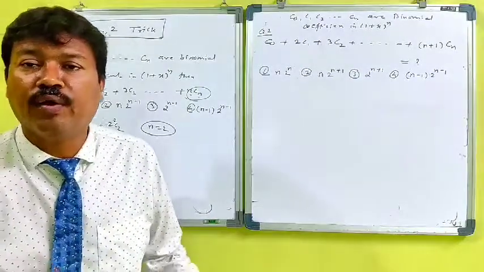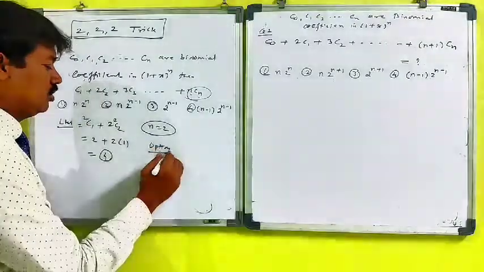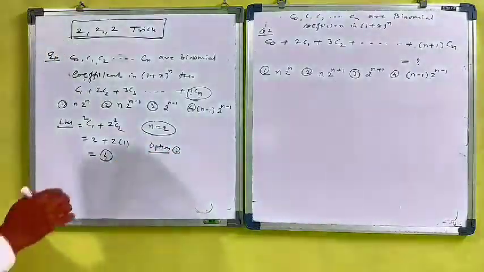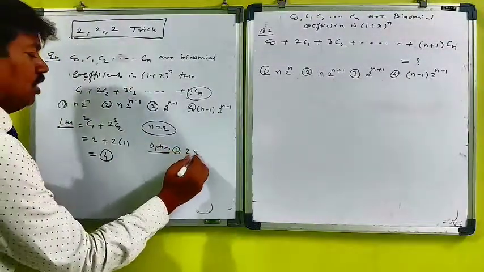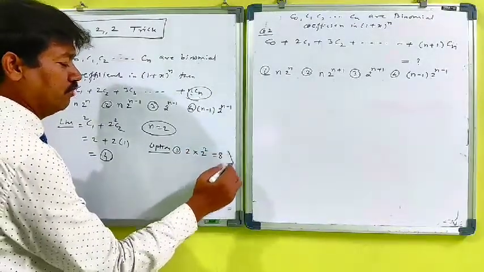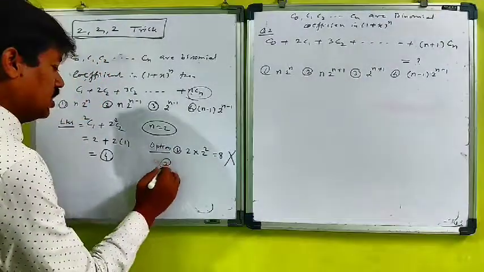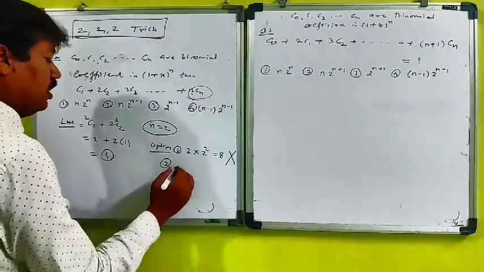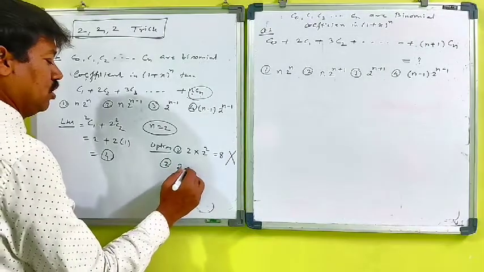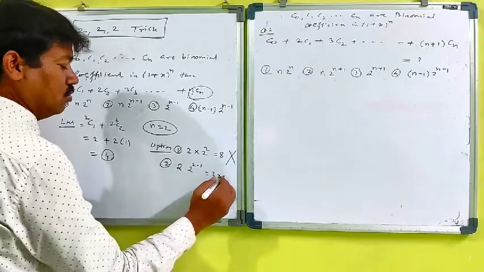Now you have to go with the options. Let's look at option number 1. Put n equal to 2: 2 into 2 raised to 2. What is that? 4 into 2, which is 8. So this option is wrong. This is not the correct answer. Next, the second option. Put the value of n as 2: 2 into 2 raised to 2 minus 1. So what is that? 2 into 2 raised to 1.